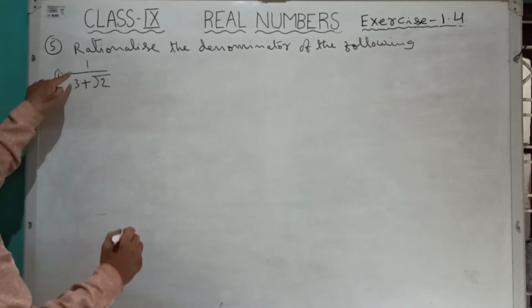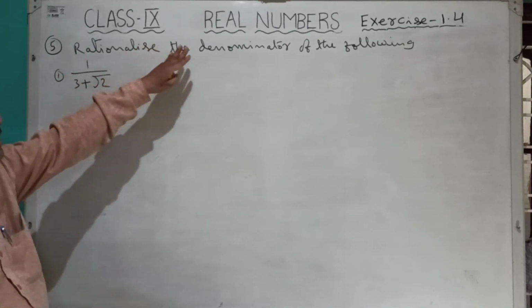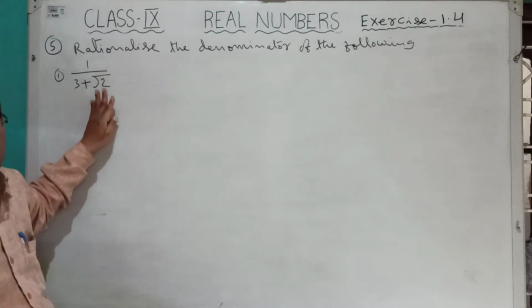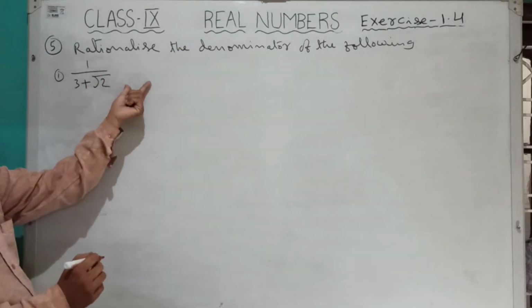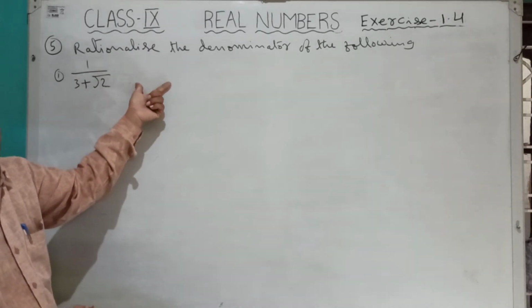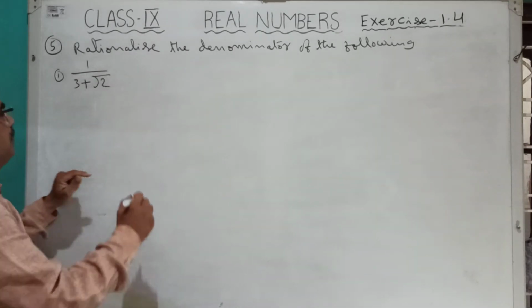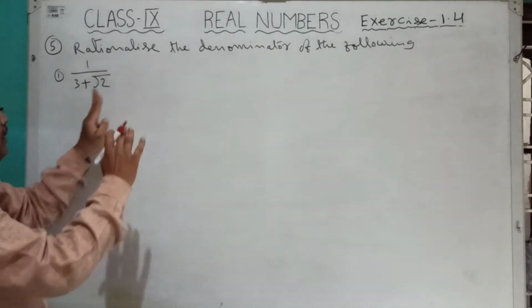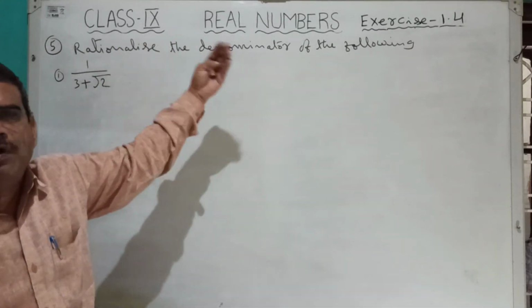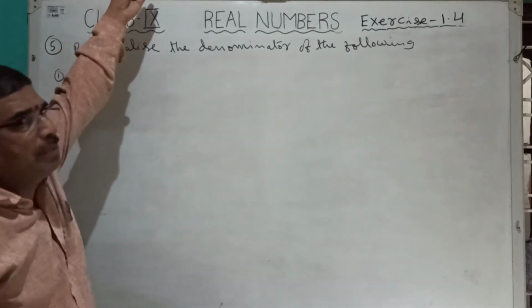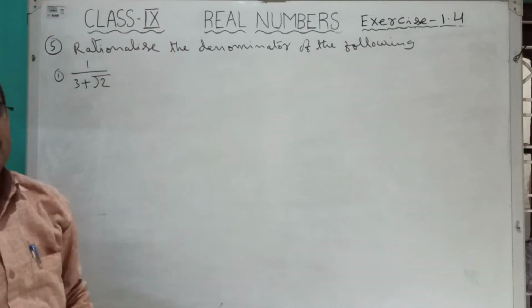Here 1 by 3 plus root 2, rationalize the denominator. We have to do the process in the denominator, so I have to multiply with 3 minus root 2. In the denominator I require 3 minus root 2. To equalize, I have to multiply in the numerator also the same number.